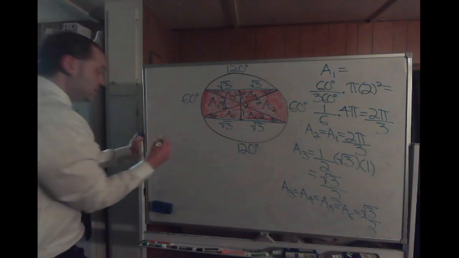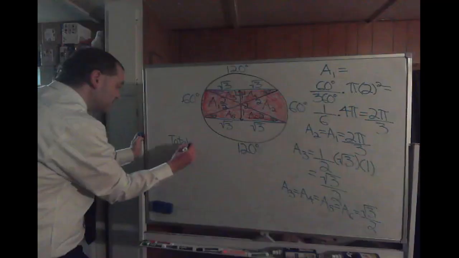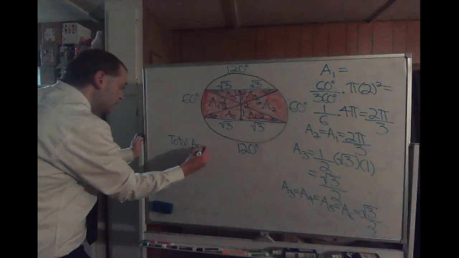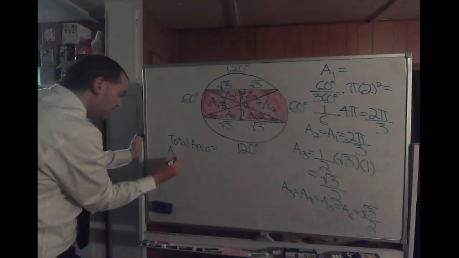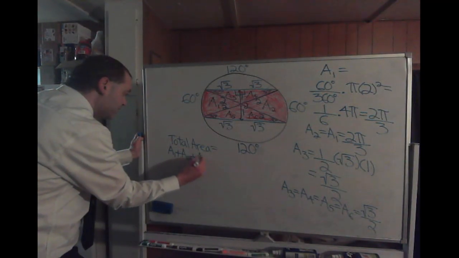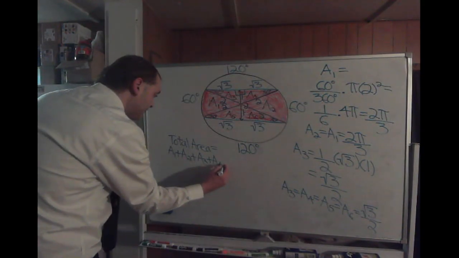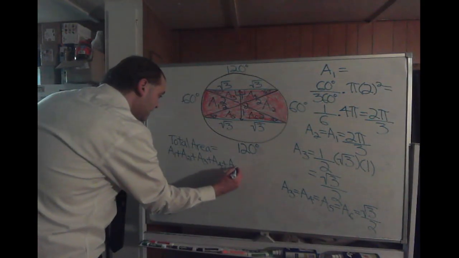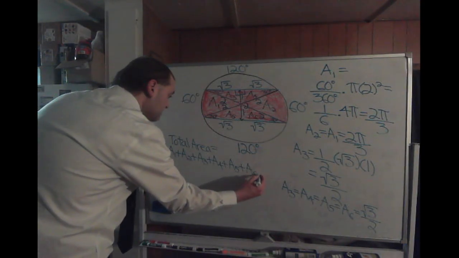So, to find the total area, that of course is just equal to area 1 plus area 2 plus area 3 plus area 4 plus area 5 plus area 6.